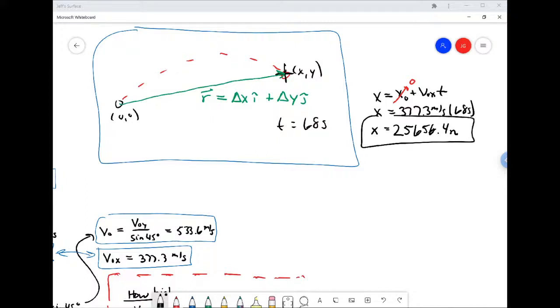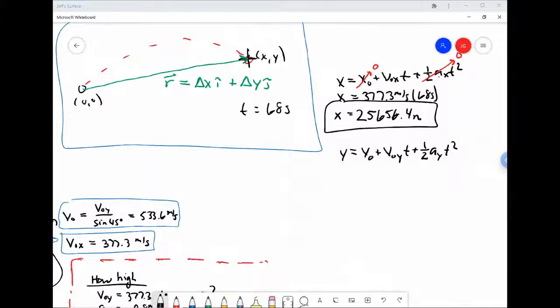So we can figure out how far it is at that point using the same kinematic equations of motion. And what about y? I didn't include the 1/2 a_x t squared up there because that term goes to 0 in the x direction.